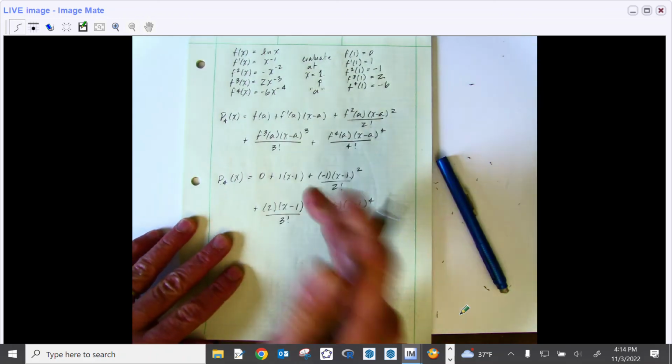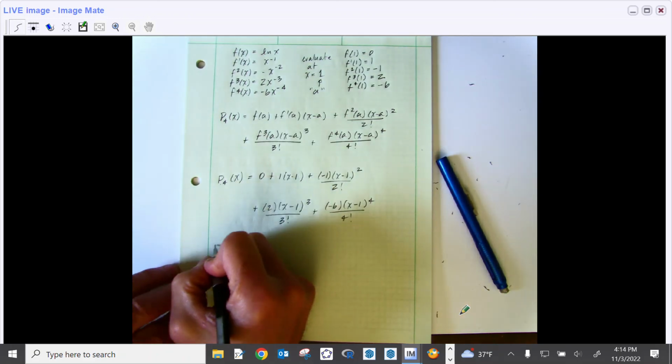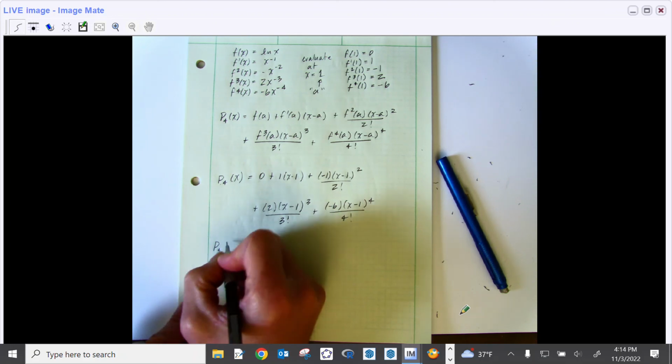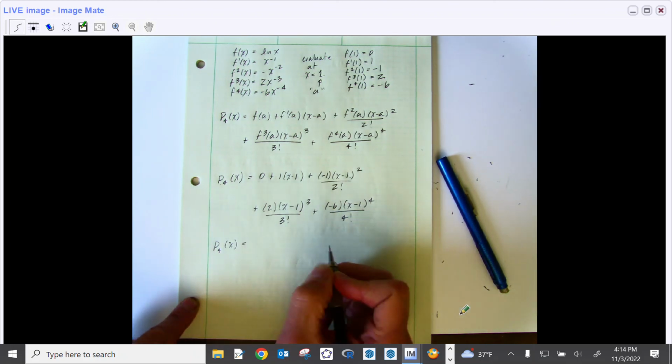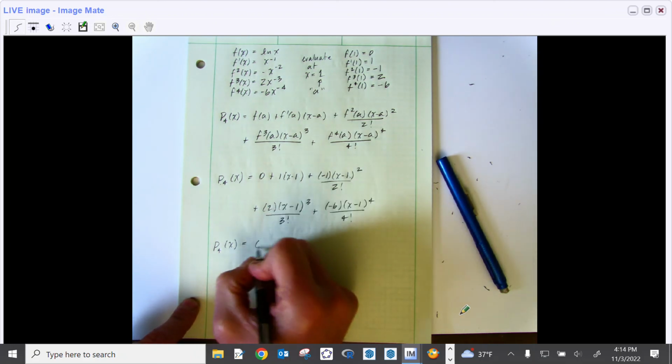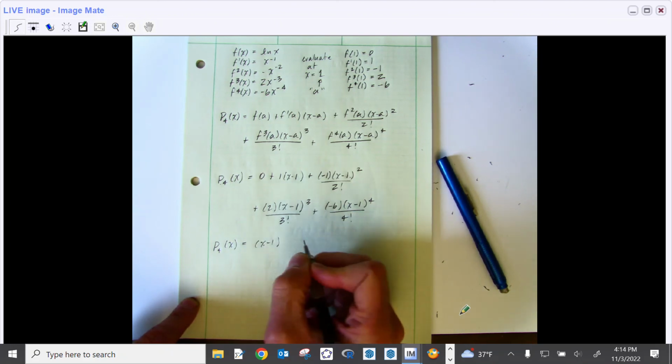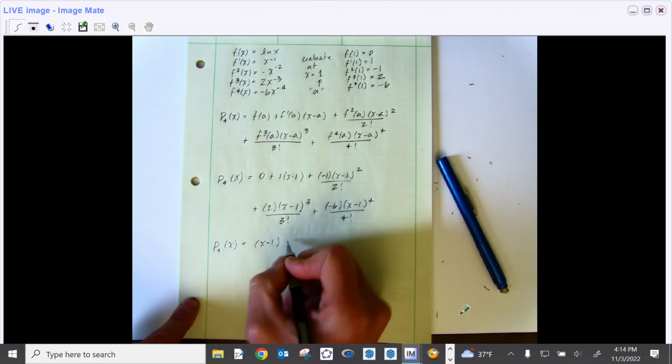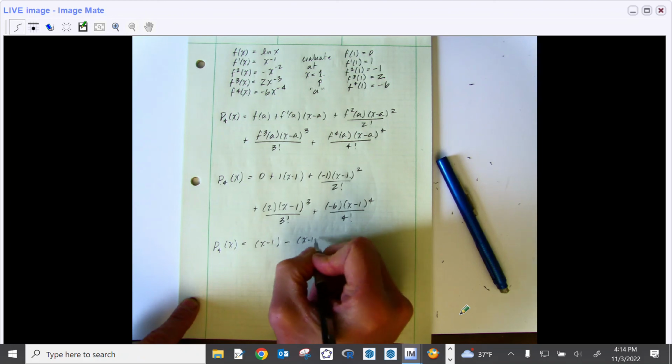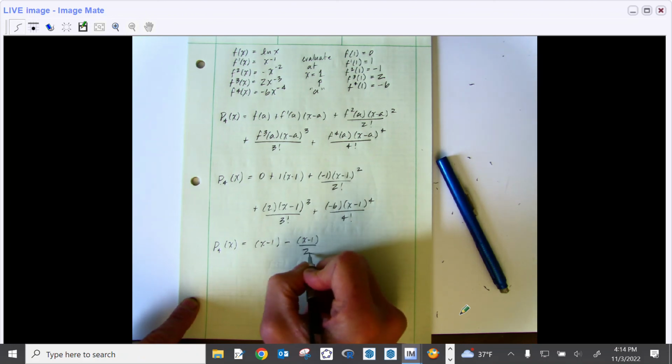And now we've done the plug-in part. Let's see if we can simplify it and see if we can generate a rule. What seems to be happening? The first term is just x minus 1. The second term is minus x minus 1 squared over 2.